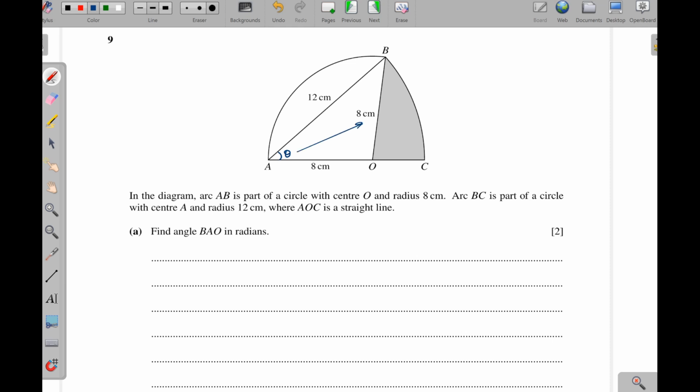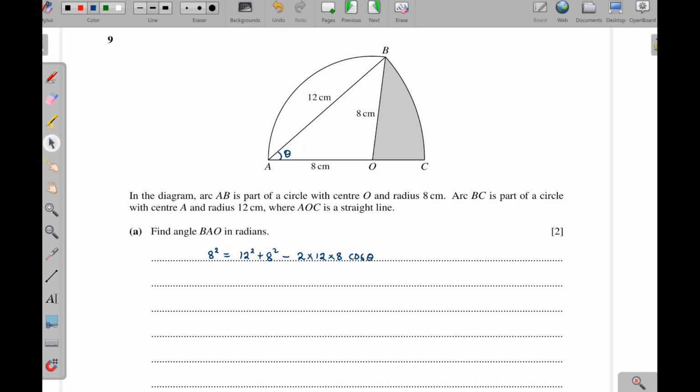So you look at the side that is opposite to it, that is 8. So we shall have 8 squared is equal to this squared plus this squared, so 12 squared plus 8 squared, then minus 2bc. So 2 times 12 times 8, and then cosine of the angle that is opposite to this side here, so cosine of theta.